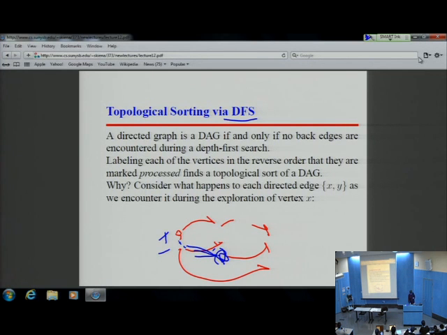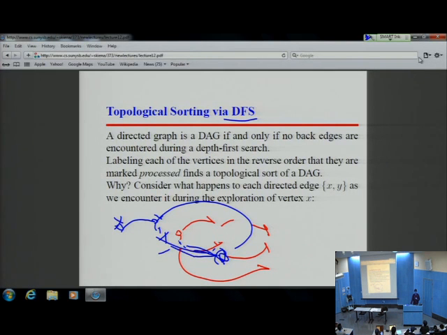Now, what does that mean? That means that if in the course of a search I have an edge from here to here, this vertex has to be to the left of that vertex because there is an edge there, right? And everything that is discovered from this vertex has to be to the right of this vertex.